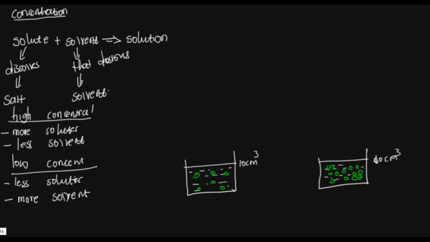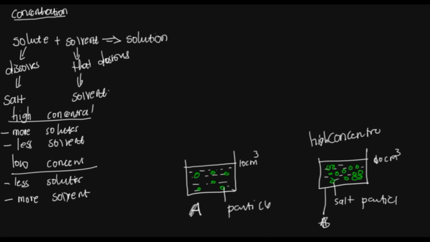So we can tell from the diagram that these are just the salt particles, and here we also have salt particles. Now from diagram A, we can see that the particles of salt are fewer compared to diagram B. So diagram B has high concentration because we have a large number of moles of salt particles, while here we have low concentration.